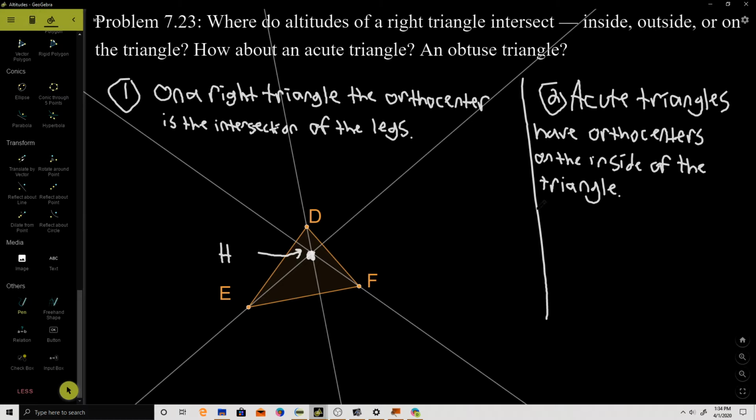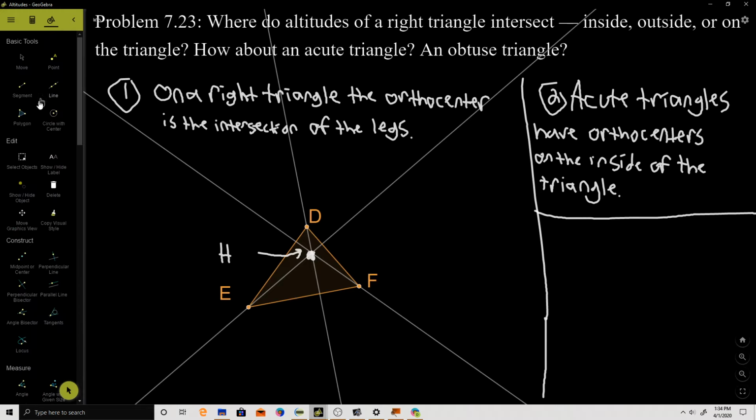So now we know for acute triangles where the orthocenter is. Now the last one is obtuse triangles.